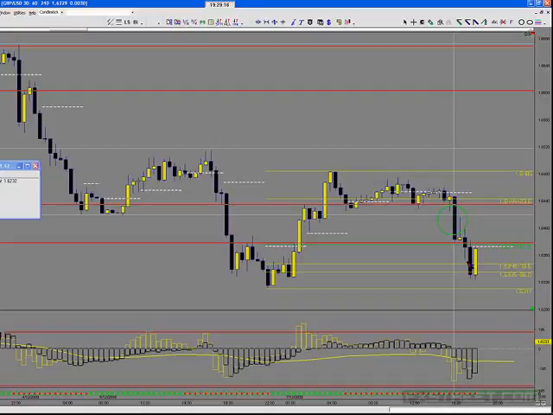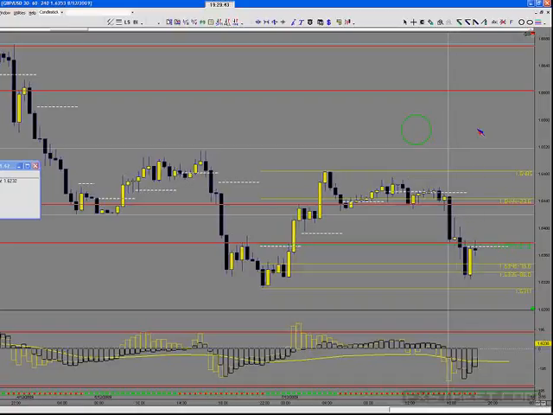So you can trade down to this, and let me just get my measuring tool here. Let's say we got in right here. We went down to 78%, you're looking at 36 pips there. Go down to the 8.6, and you're looking at 49 pips on that just small position.